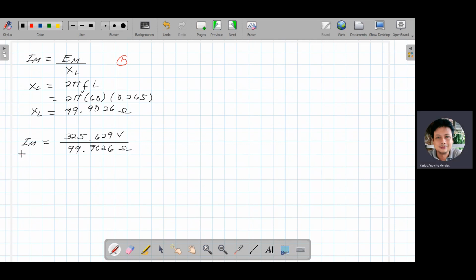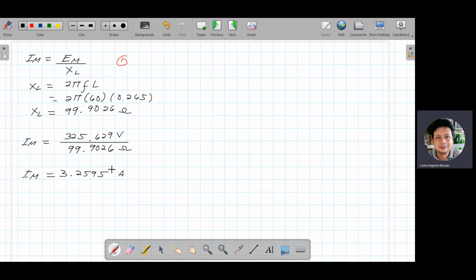So therefore, I maximum is equal to 3.2595 amperes ang unit niya.